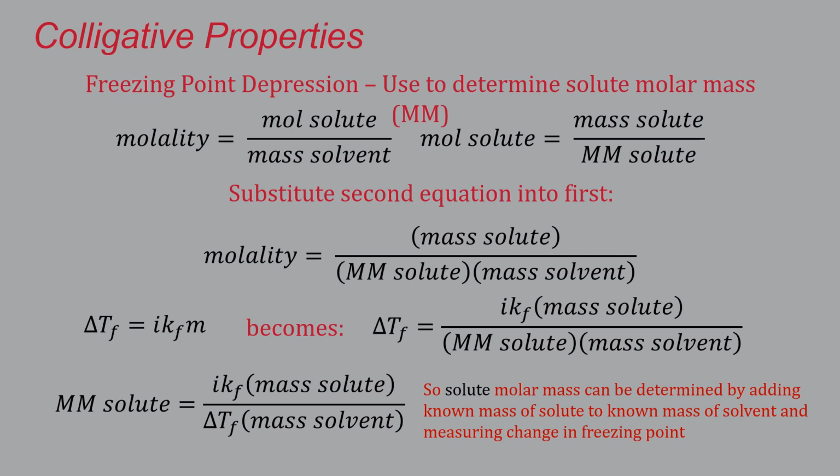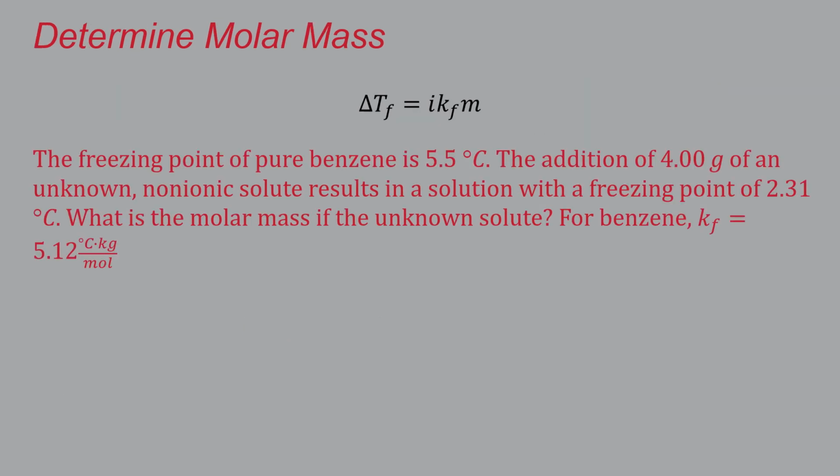And so you can determine the molar mass of the solute by adding a known mass of the solute to a known mass of solvent, and then simply measuring the change in the freezing point. So using that relationship, work through this one. All right, so pure benzene freezes at 5.5 degrees Celsius.